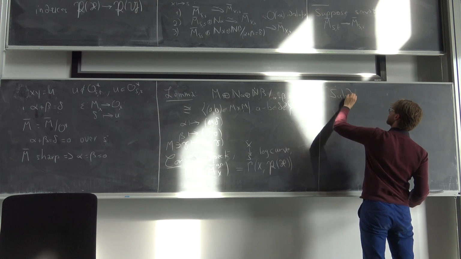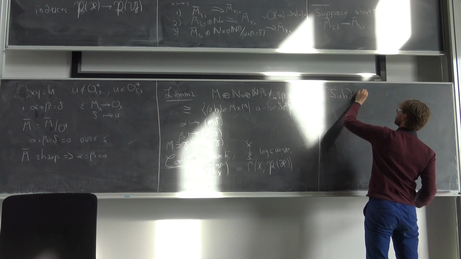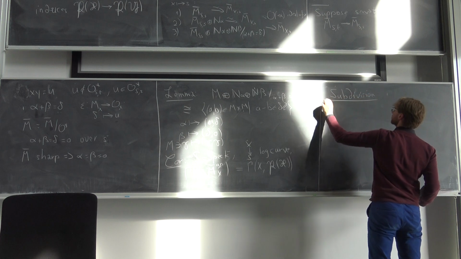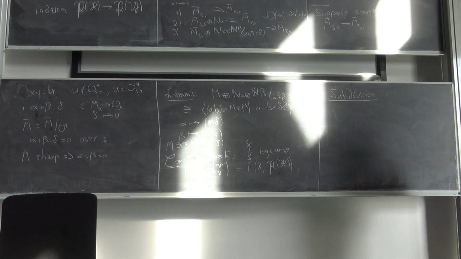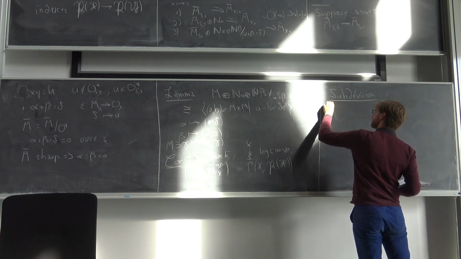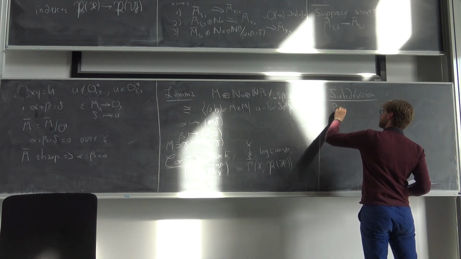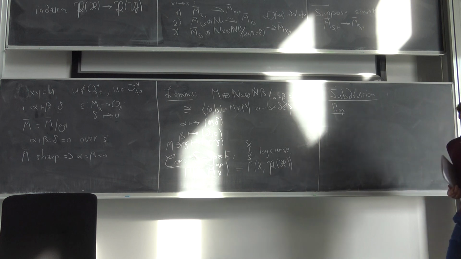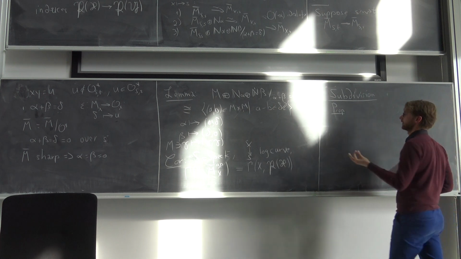This is probably the most difficult one of the three. It basically states that if you have a subdivision of a tropicalized log smooth curve, you can subdivide on the log smooth curve itself.